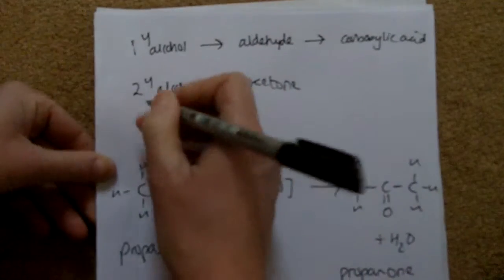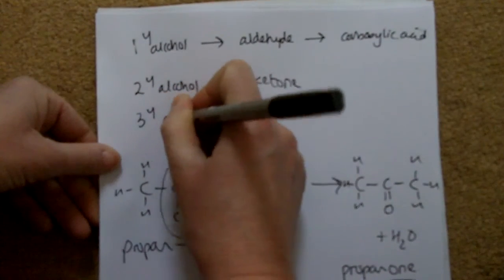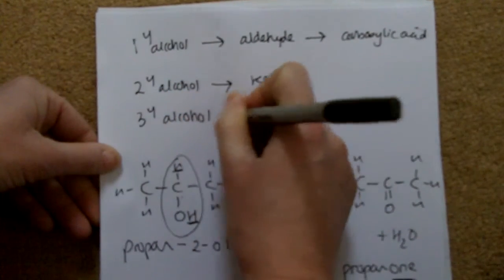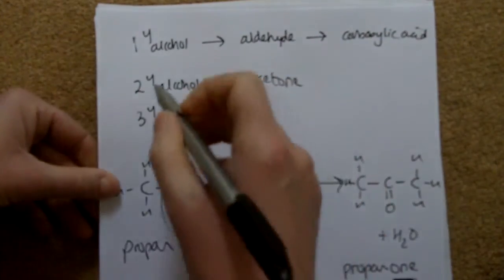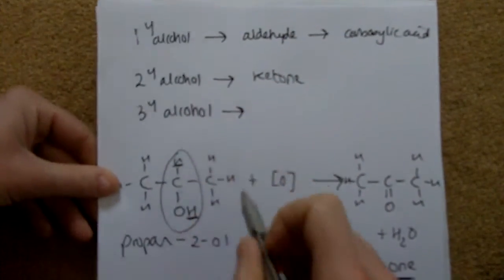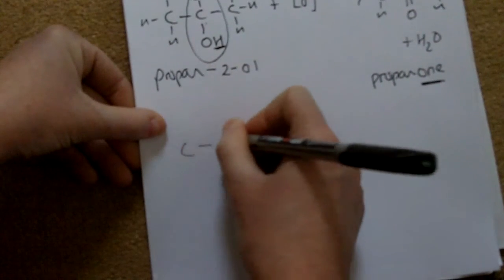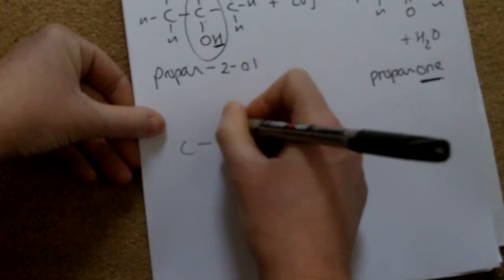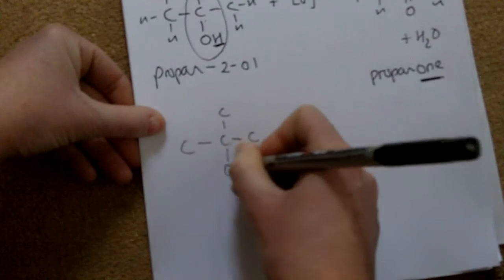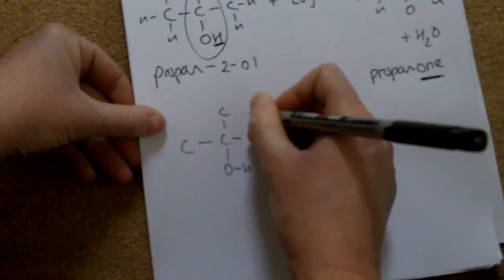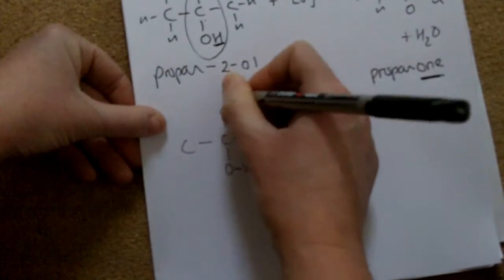The last type of alcohol is a tertiary alcohol. And again, the colour changes orange to green for secondary alcohol. Tertiary alcohol, what happens then? So let's take a tertiary alcohol. Careful with your connectivity. H's all around.